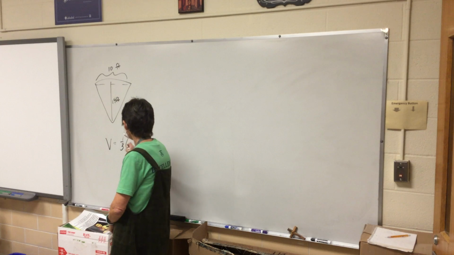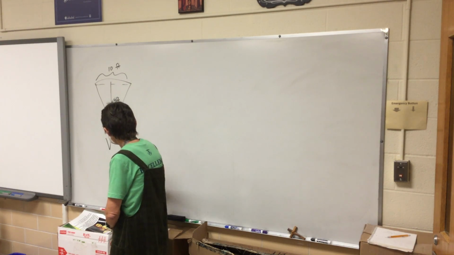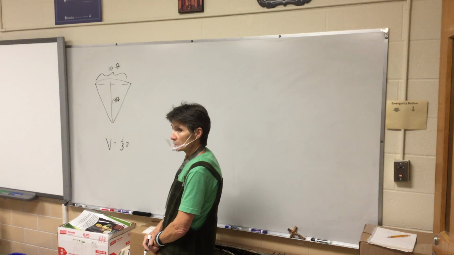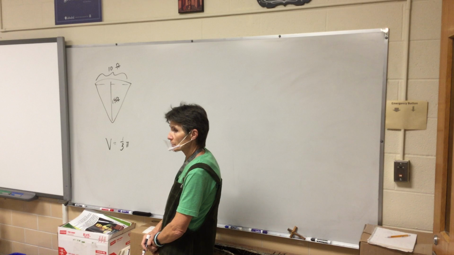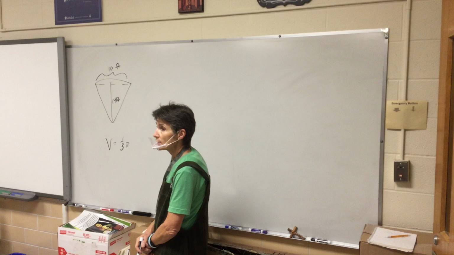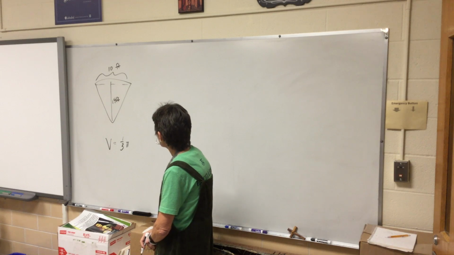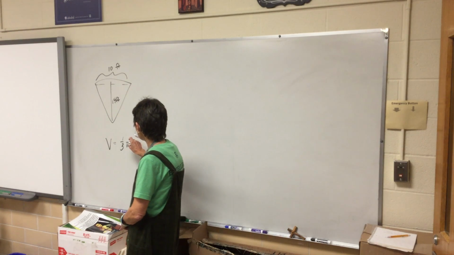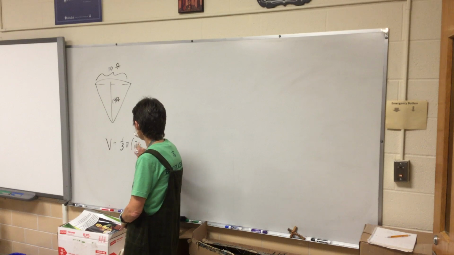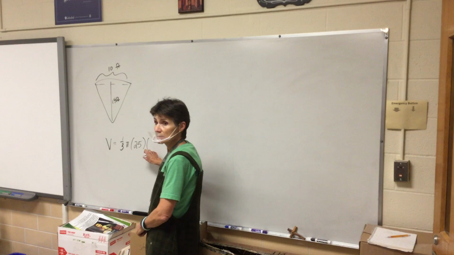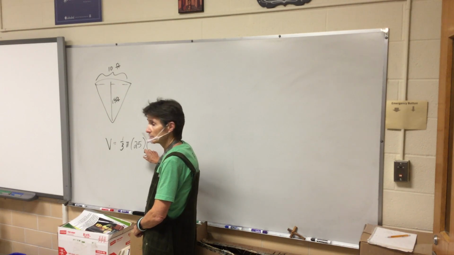1/3 pi times 5 squared, which is 25, times 14.